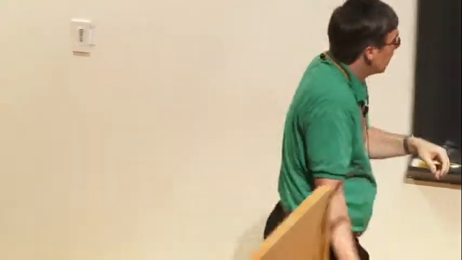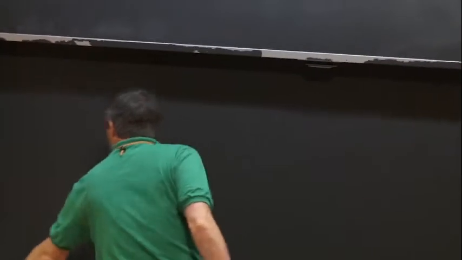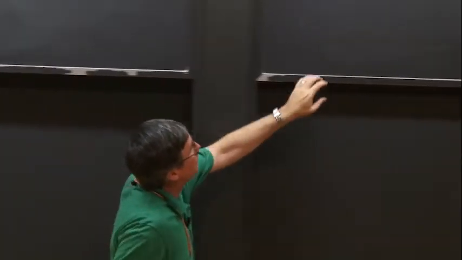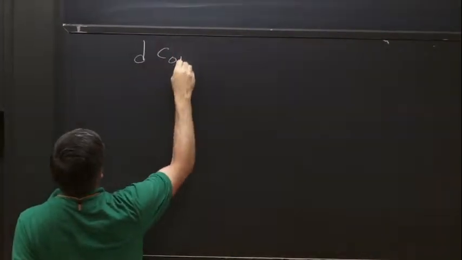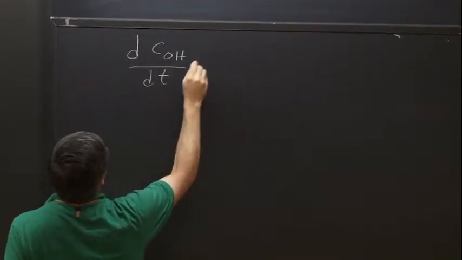But this is a big problem because in a microsecond or sub-microsecond, the oxygen concentration is not changing at all. It's changing in the 7th decimal place, the 10th decimal place, very, very slightly. And so when I write down the terms, let's see if I can write this quickly. So I have an equation for d, the concentration of OH dt equals something.